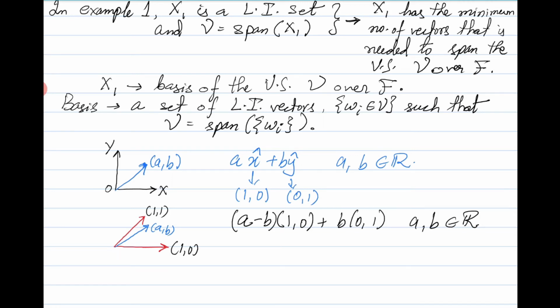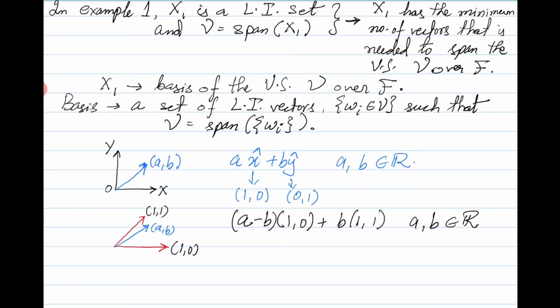So notice here that (1, 0) and (0, 1) for the first case, or (1, 0) and (1, 1) for the second case, are acting like the coordinate axes. What you have always been using is the orthonormal set of coordinate axes, whether it is R2 or R3. What I am trying to say is you need not use only the orthonormal set of coordinate axes. You can use any other coordinate axes as well. The axes need not be perpendicular to each other.